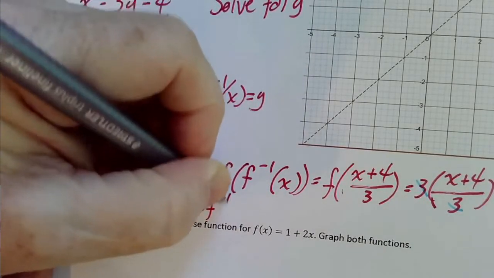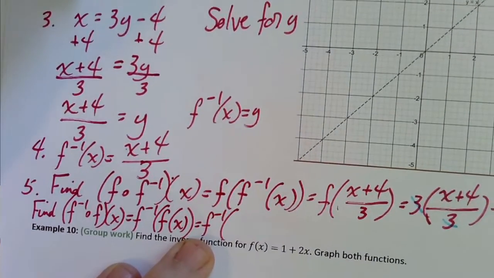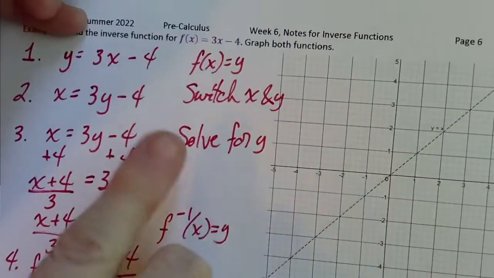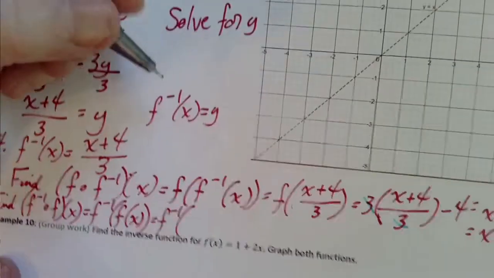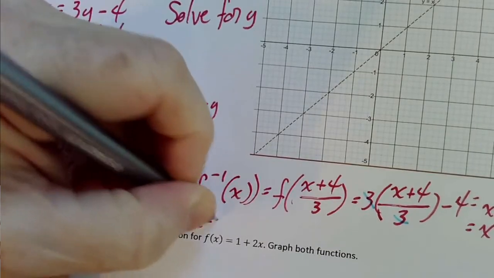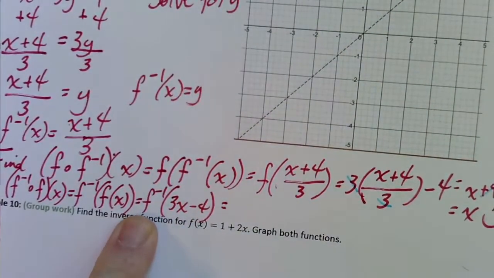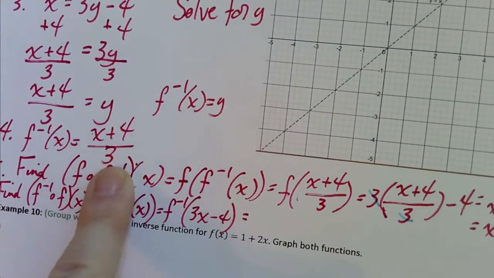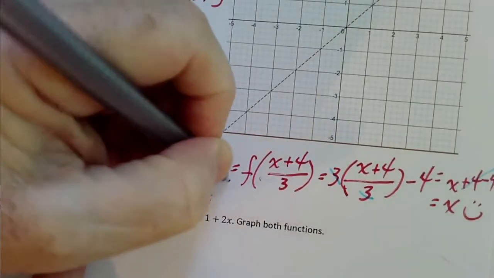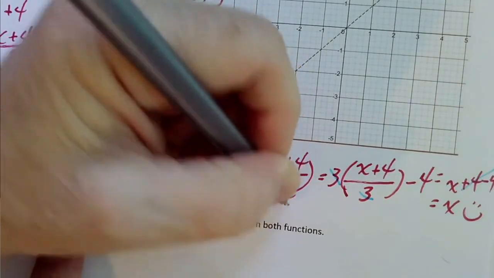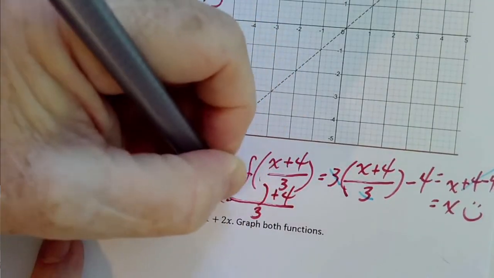That's f inverse of, the formula for f of x was 3x minus 4. And the formula for f inverse was x plus 4 over 3.